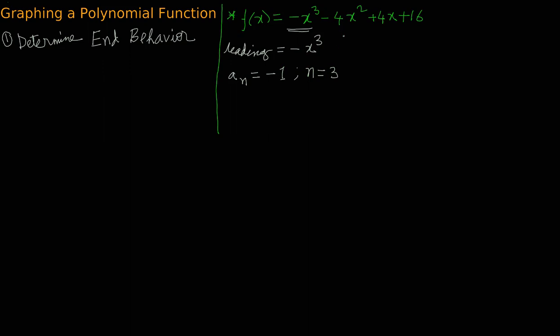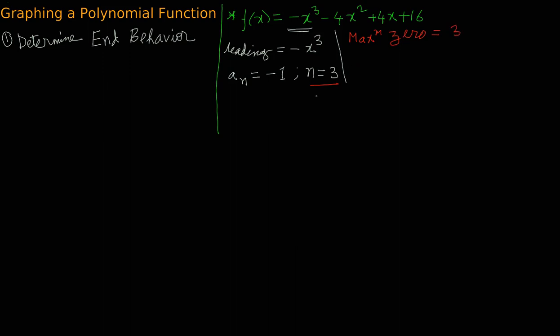Now I'm going to write down the maximum number of real zeros. If n equals 3, what is the maximum number of real zeros I can get? The maximum zeros, or maximum x-intercepts, will be n, which is 3.